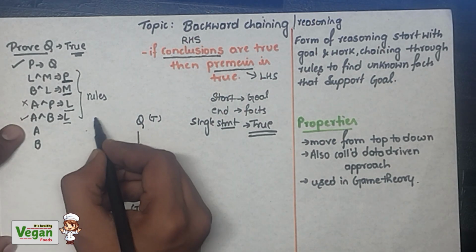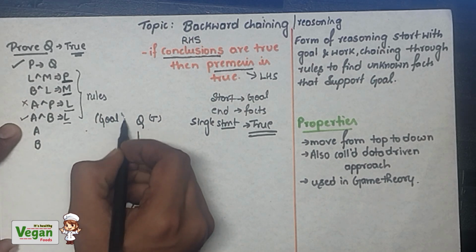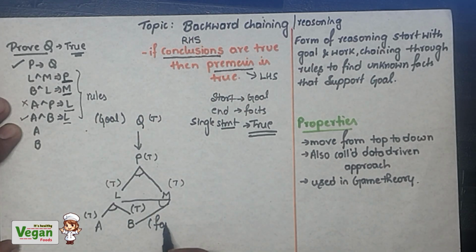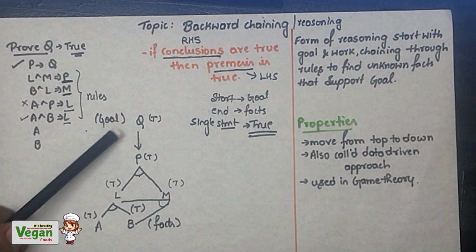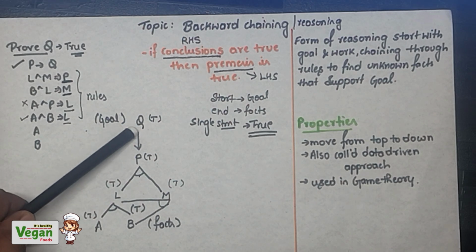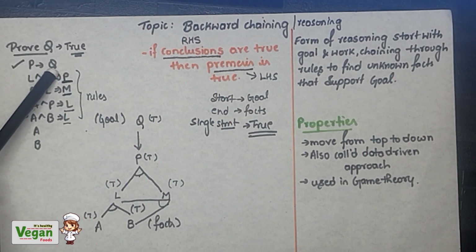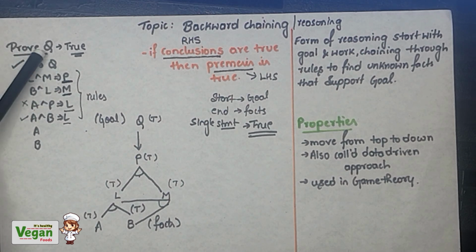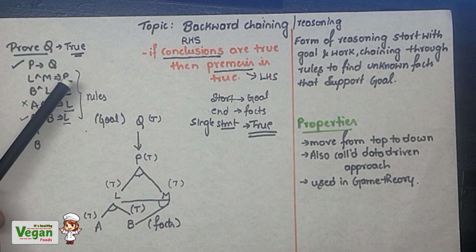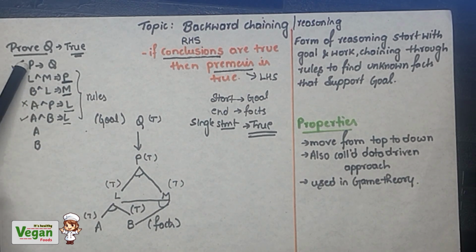So what we did: we started from the goal state and came to the facts, or single statements, which will always be true. We started from Q. Q was the conclusion produced from the premises. Since Q, the goal state, is always true, and Q is the conclusion here, its premises were true.